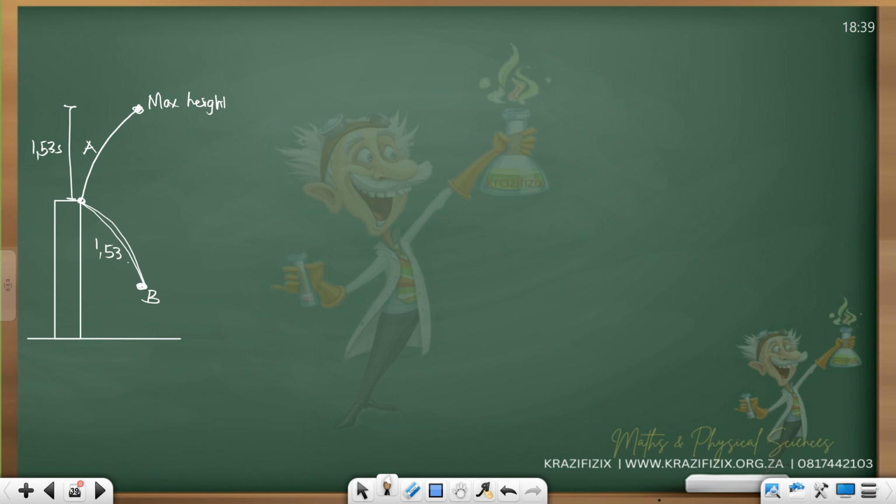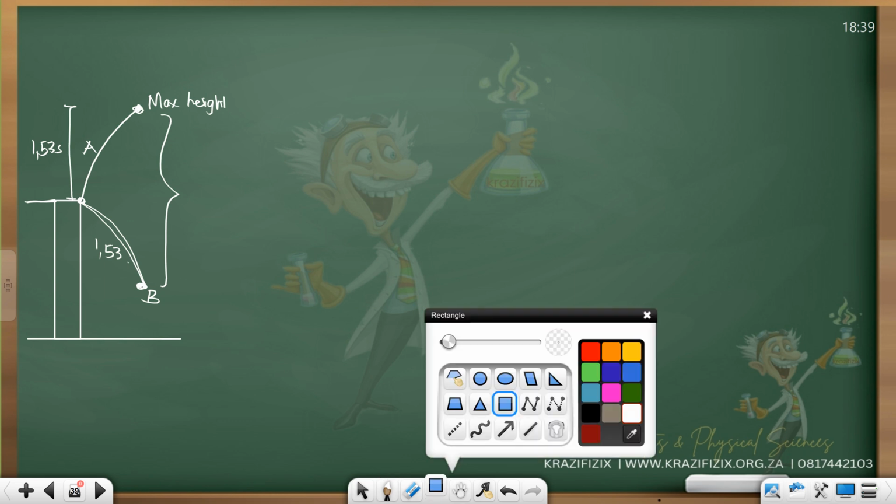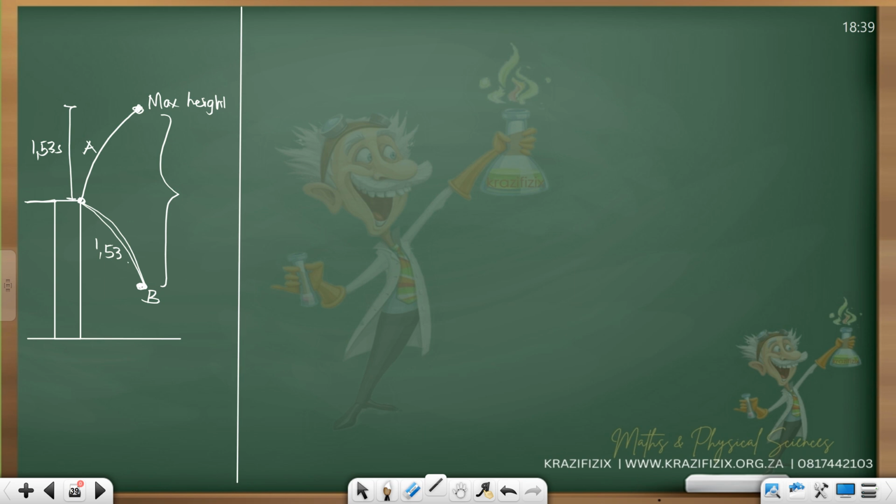What distance are we looking for? That's what we're looking for. So, let's see. From the start, do you think we can get how far A has gone? Maximum height. Do you think we can get the maximum height A has traveled? I think we can. What do we know about A? Let's work together quickly.